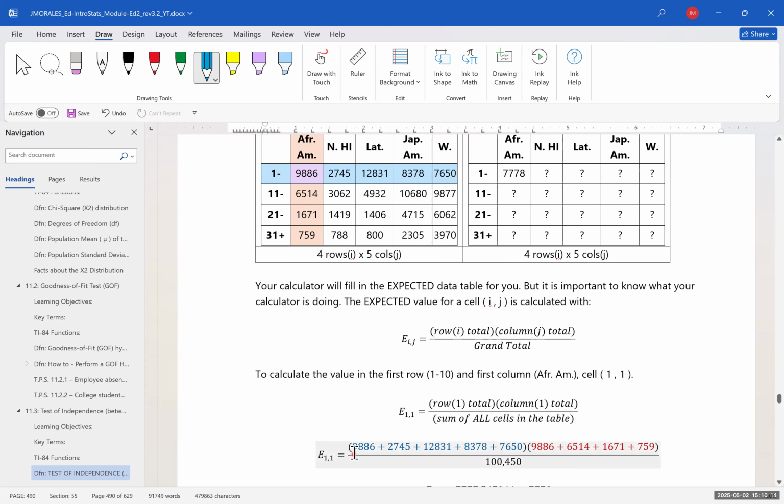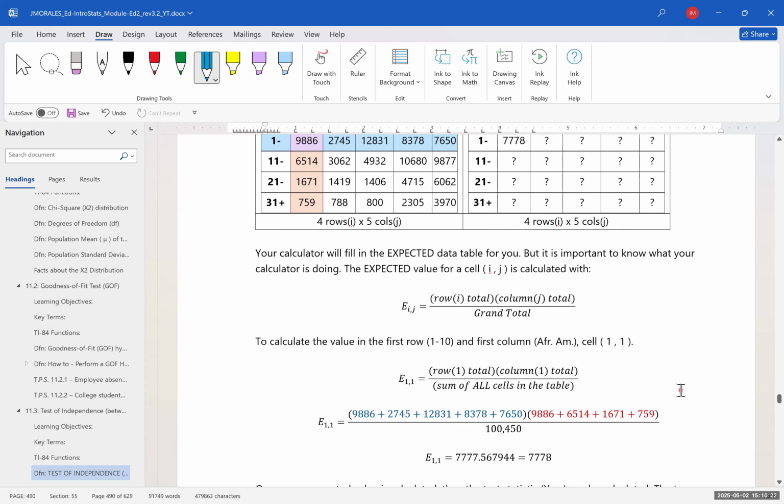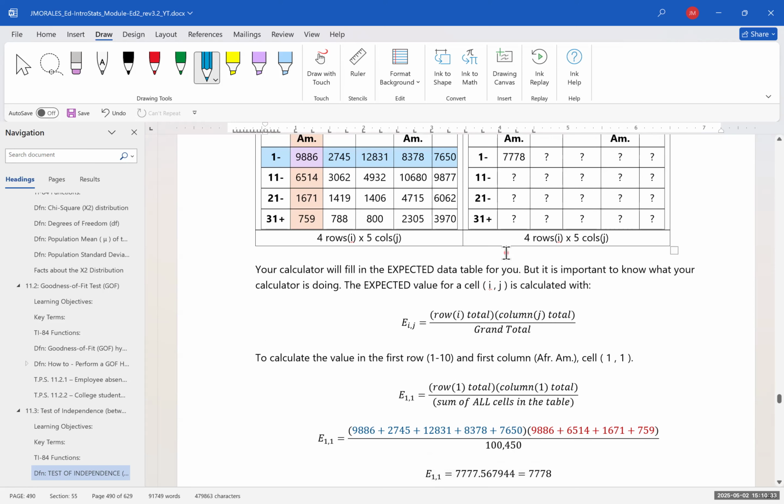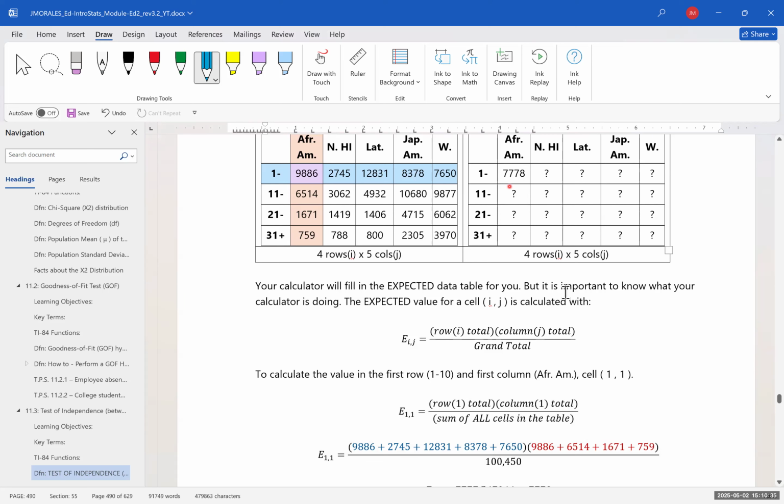And that's going to be divided by the sum of all of the values in the table, which is 100,450. When you simplify all that and round it to a whole number, you get an expected value of 7,778, which is where that came from.